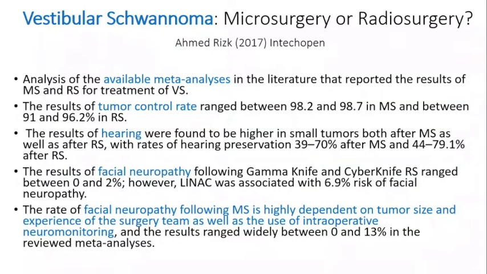And the facial neuropathy rate is greatly varying depending on the surgeon.